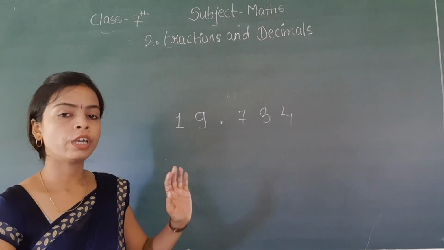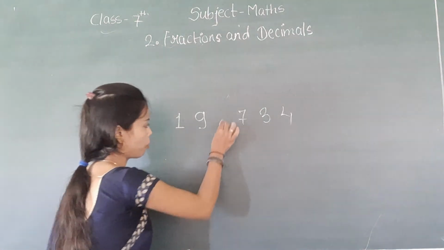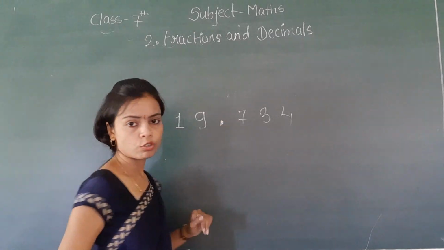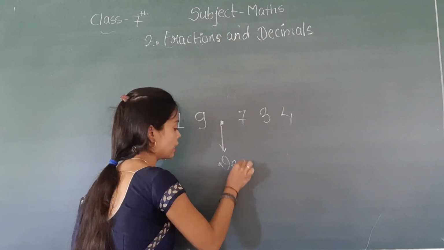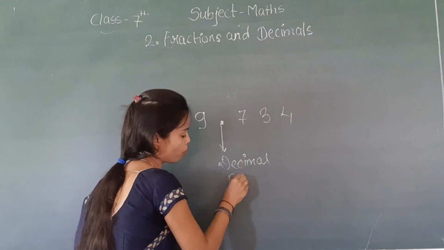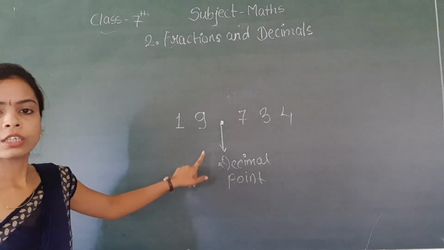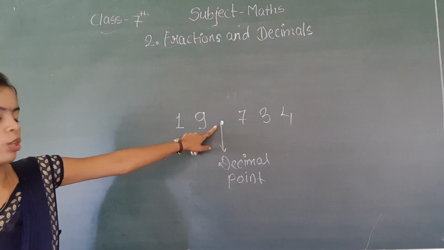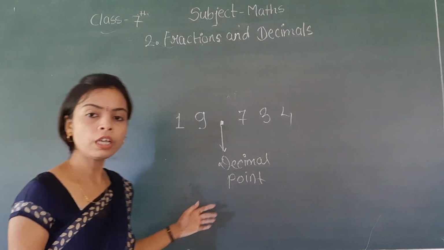The point given here, क्या बोलते हैं उसे? डेसिमल पॉइंट. We call it a decimal point. So this is your decimal point. The point given here we call a decimal point or simply decimal.